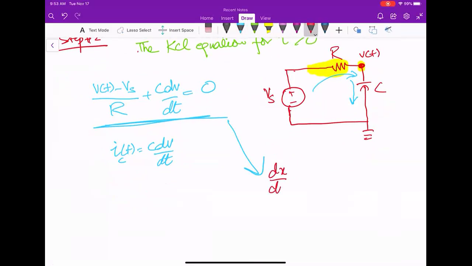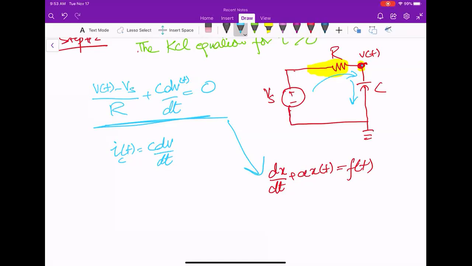I just have a quick question. Yes, go ahead. Why would it not be Vs minus Vt over R? Okay, no. What I'm doing is writing the equation for this node, right? And I should also write this V of t here. When I'm writing the equation for this node, I call it V of t, right?